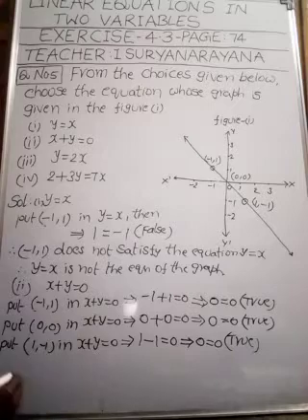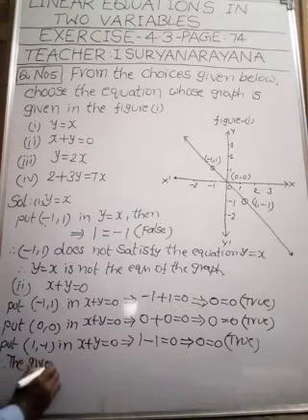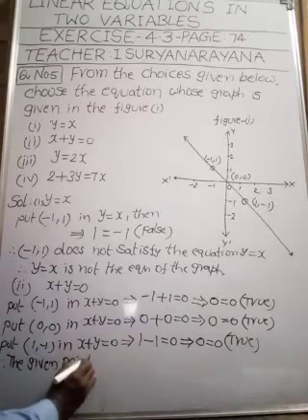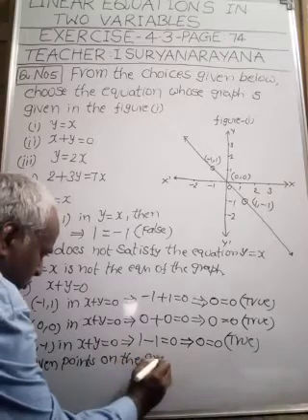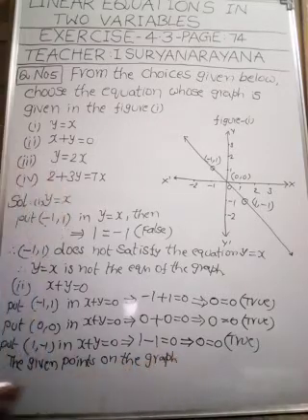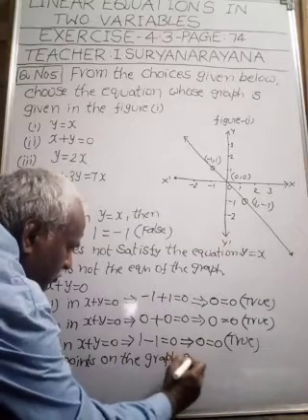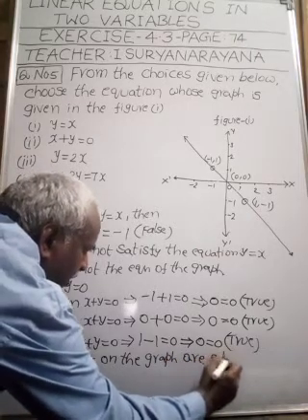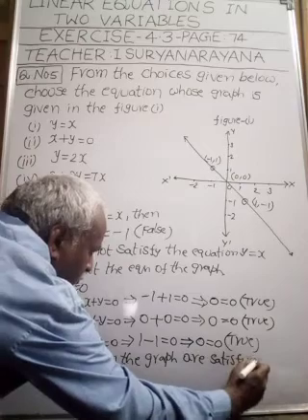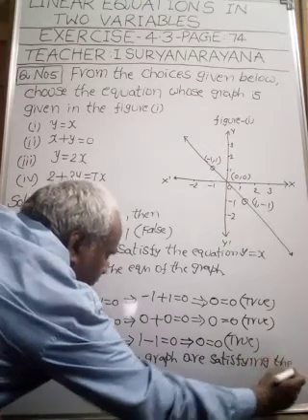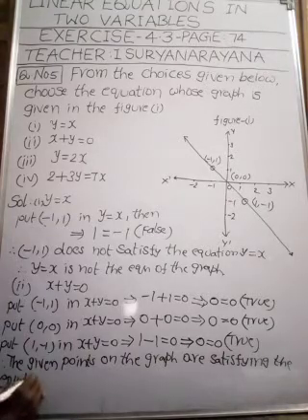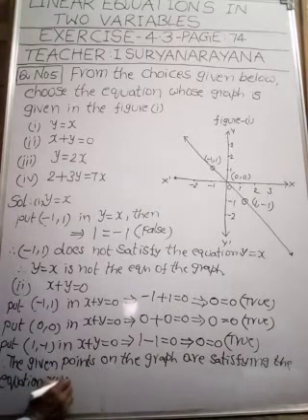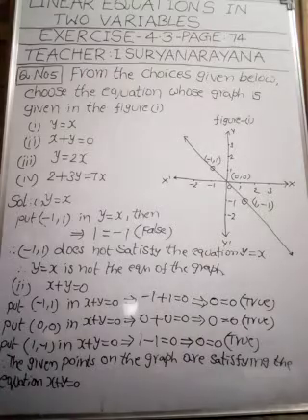So we say that the given points on the graph are satisfying the equation x plus y is equal to 0.